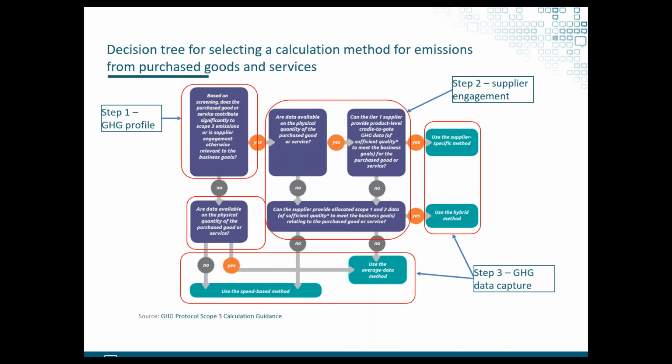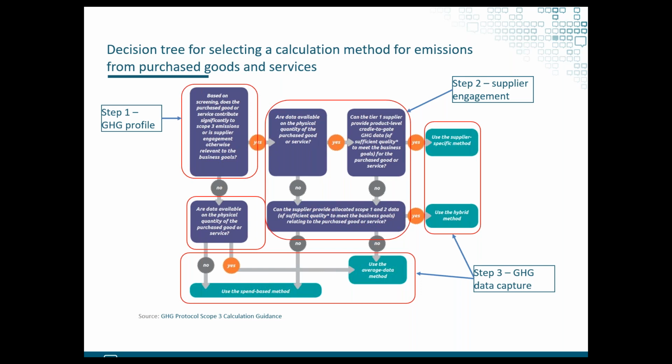So companies should select calculation methods for supplier activity based on various criteria, such as the relative size of the emissions from supplier activity, and we have an indication of this from the GHG screening in step 1, data availability, data quality, and the cost and effort required to apply each method. So through our supplier engagement effort that we've just run using Supplier Portal, these decisions on availability, quality, cost, and effort are now far better informed.